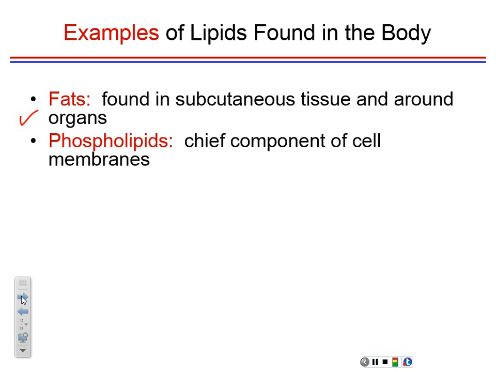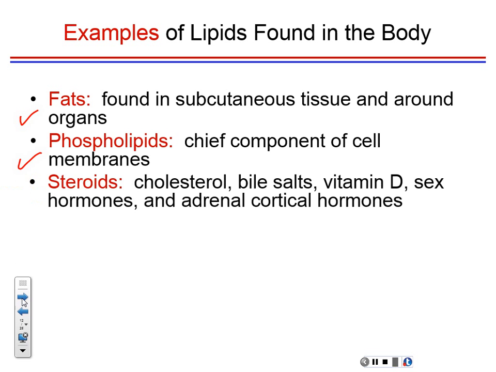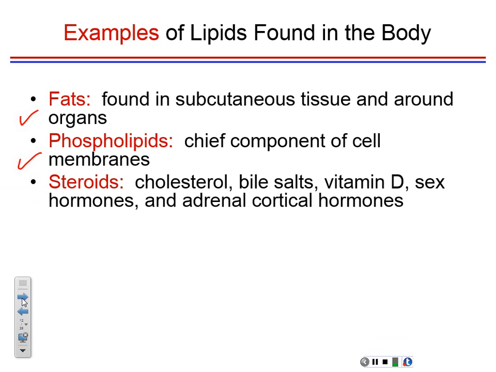And also protection and cushioning, like there's a lot of fat behind your eyeballs to cushion them from the skull. And then, of course, phospholipid, we said, is the chief component of the plasma membrane, right? At the end, we'll have a table that gives you a summary of the functions of all these 4 organic compounds. And then steroids, of course, cholesterol is the mother compound of all these.